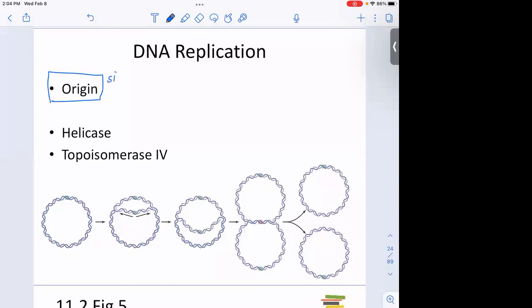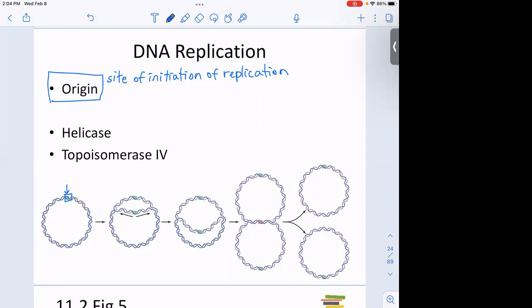Okay, so that's the site of initiation of replication. So you can see down here, they put a little box here on that circular chromosome, just like, okay, here's the spot that's the origin of replication.